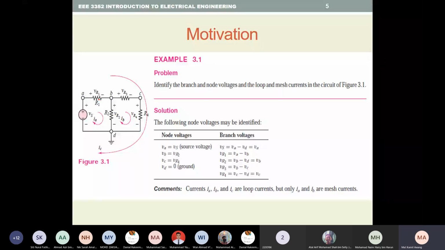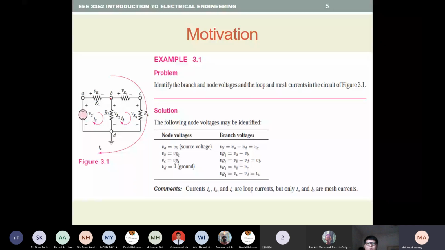So first, you make an assumption. VR1 is basically VA minus VB. VR2 is basically VB minus VD, and VD is 0 because it's set as ground, so VR2 is equal to VB.